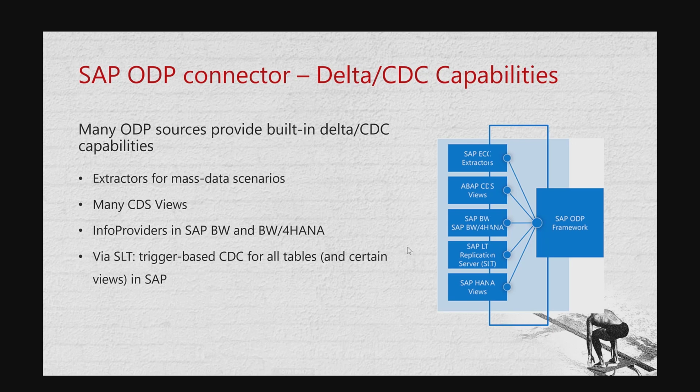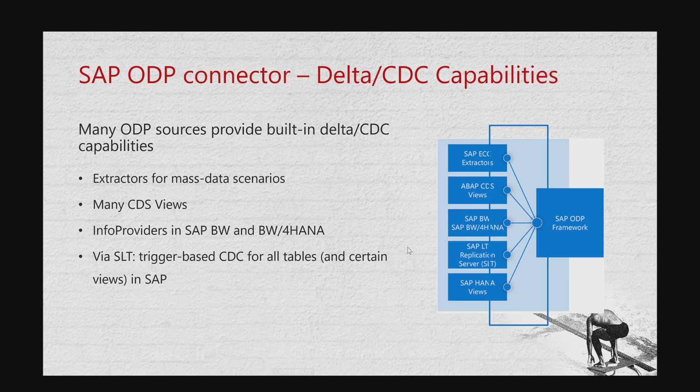So it's not something you really have to worry about if you're dealing with something like your purchase orders, your sales orders, your financial data, all those data sets which provide large data volume and where full snapshots on a regular basis would not work. All those typically provide delta mechanisms.